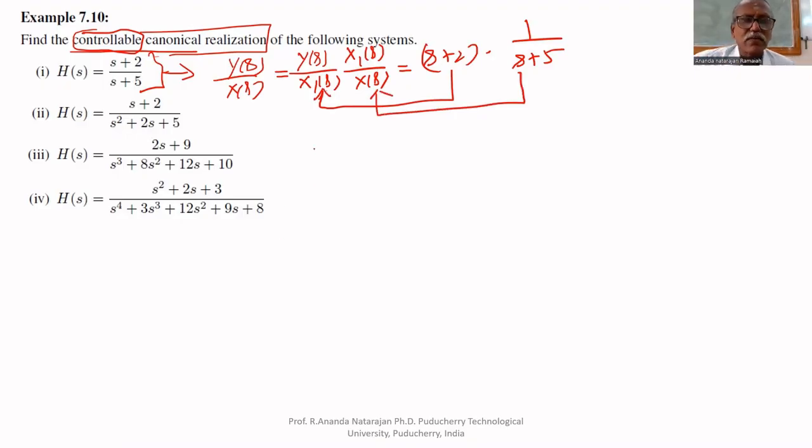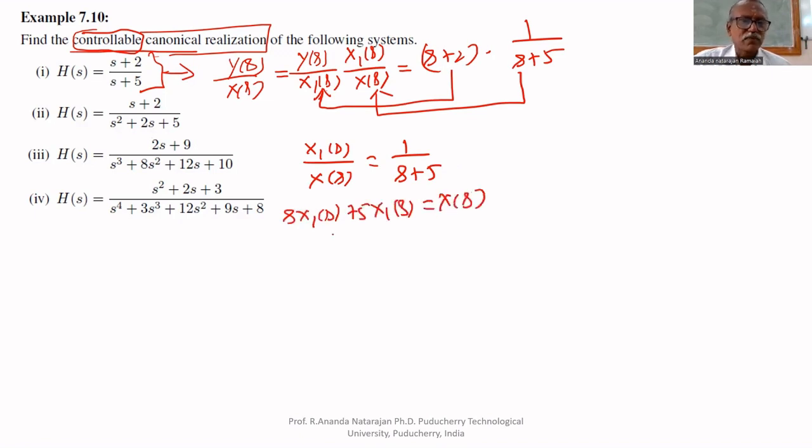First, let us take X1 of S upon X of S equal to 1 by S plus 5. What you will get? S X1 of S plus 5 X1 of S equal to X of S. S X1 of S is X1 dot, since multiplying by S means derivative.